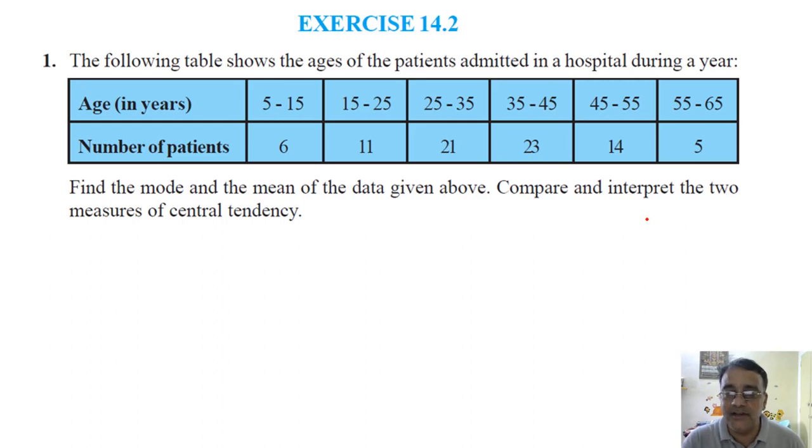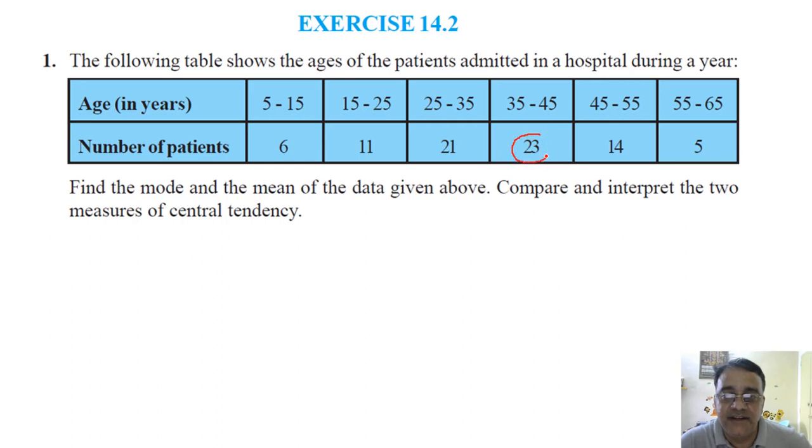Now, one more point I would like to tell you: we are taking lower limit of the model class in the formula. So the class interval should be in exclusive form, that is continuous form. अगर continuous नहीं है तो you have to make it continuous before solving the question, right? So which is the highest frequency here? 23.